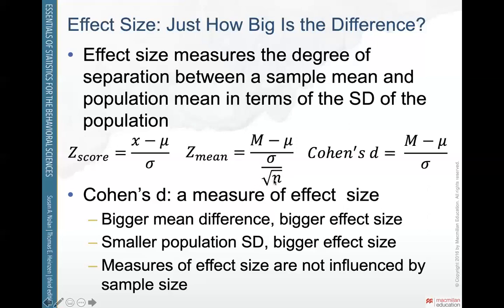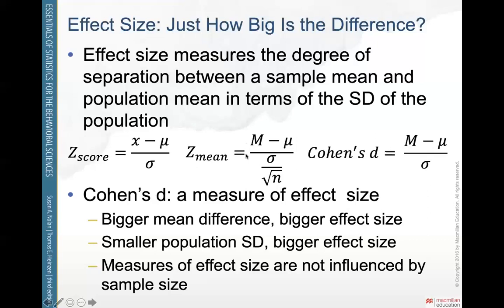And looking at the way Z mean is structured with the standard error in the denominator, we need to think about what happens to the size of Z mean as our sample size gets bigger. And what happens is, as the sample size gets bigger, it causes the standard error right here to get smaller. As the sample size increases, as this number n increases, the standard error gets smaller. But as the standard error gets smaller, the overall Z mean equation gets bigger.